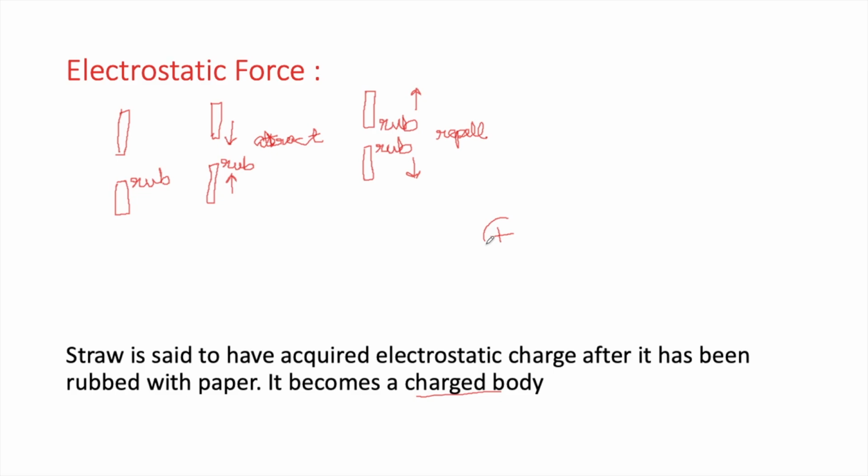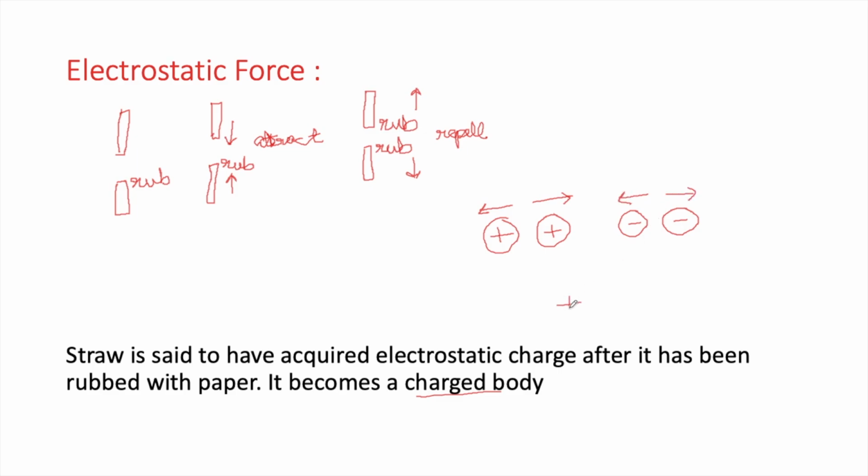If we have a positive charge and a positive charge again, these are like charges or the same charges, so they are going to repel each other. Or we have a negative charge, again a negative charge, they are also going to repel each other.